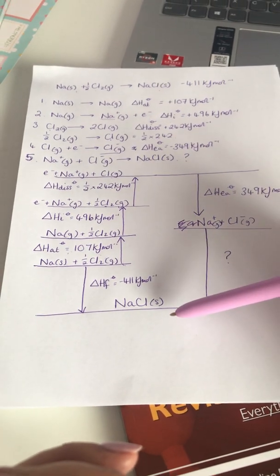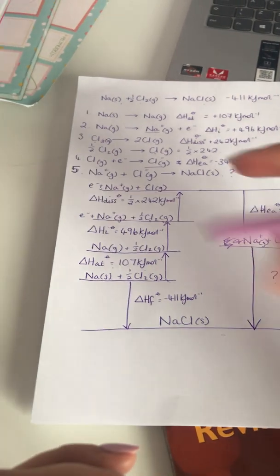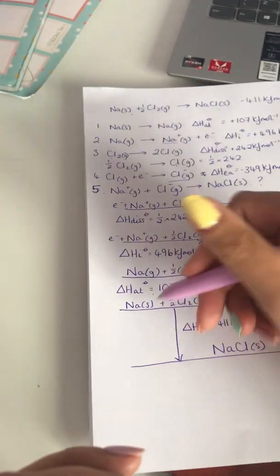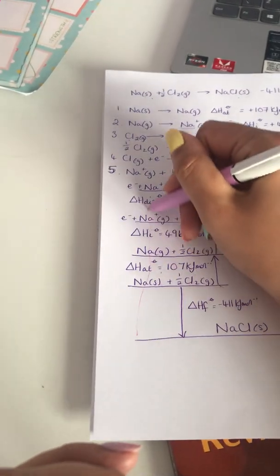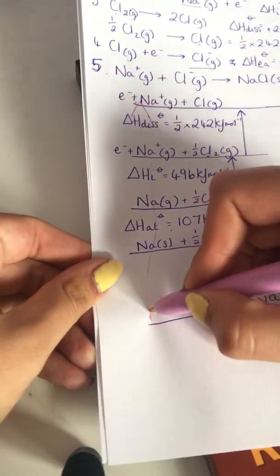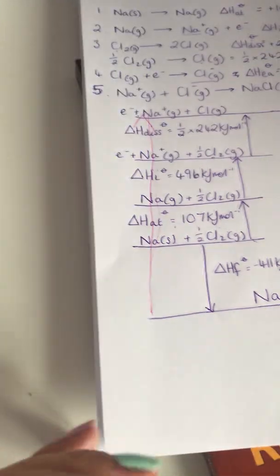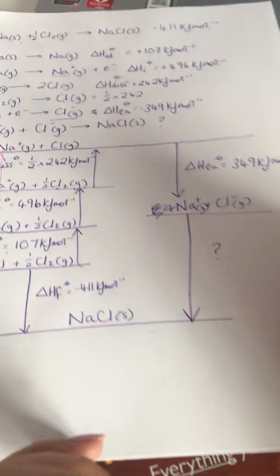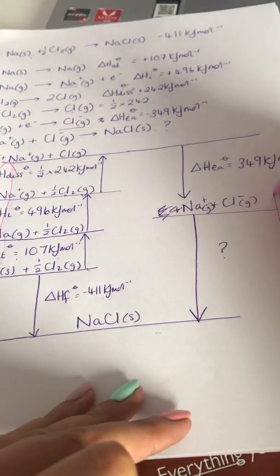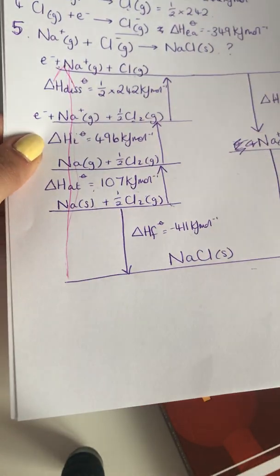Now we should find that the entirety of the left-hand side, so all of these values, all of those values on that side should equal all of the enthalpy change on that side. So that helps us then, because we're trying to work out this gap, but we can work out this side.